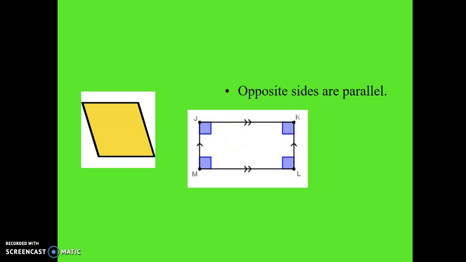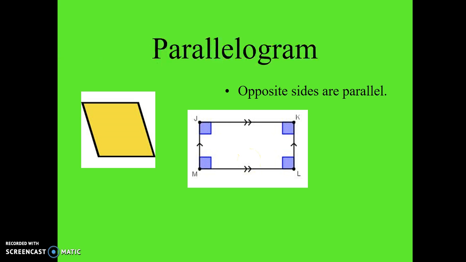What category would it be? If you said parallelogram, that would be correct, because the rule for parallelograms is that opposite sides must be parallel. And in a rhombus, like you see here on the left, and a rectangle, like you see here on the right, and not pictured a square, opposite sides in all 3 of those shapes are parallel. And in that case, we can call them a parallelogram.